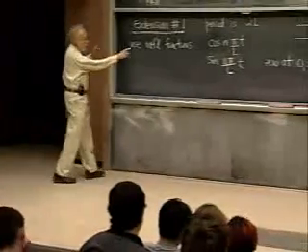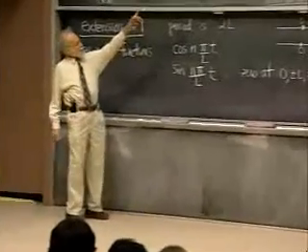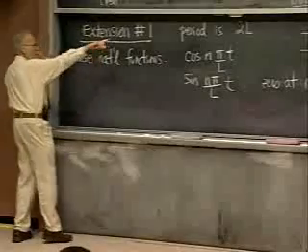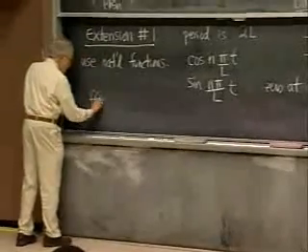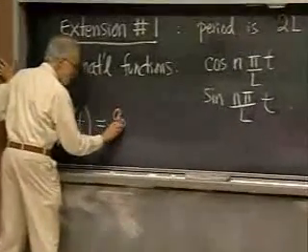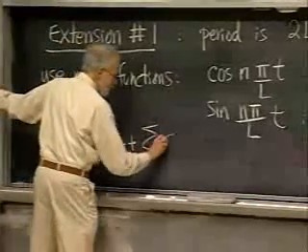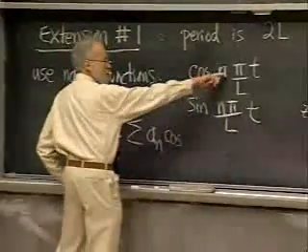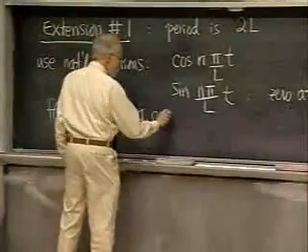So in other words, we want our Fourier expansion to use these functions as the natural analog of what would be up there. The period of our function is 2L, and I'll give you the formula: f of t equals the summation of an, except you'll use these as the natural functions instead of cosine nt and sine nt.